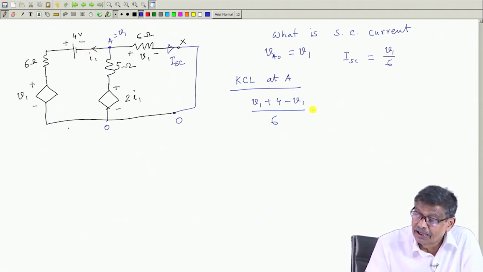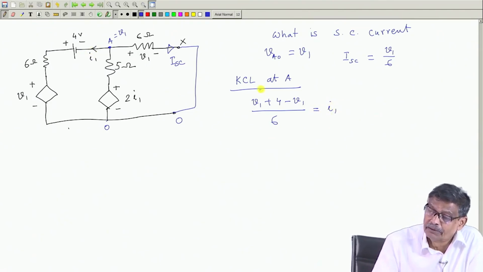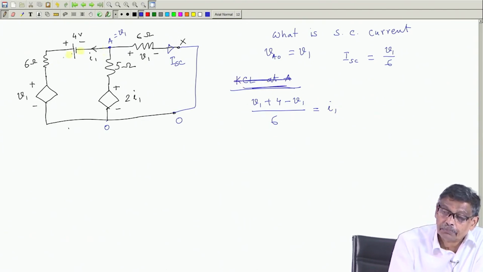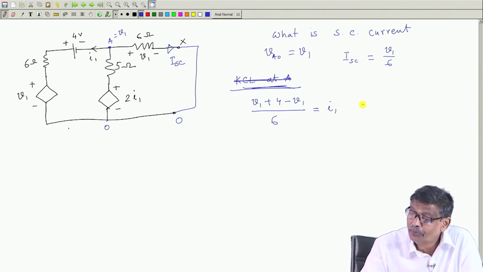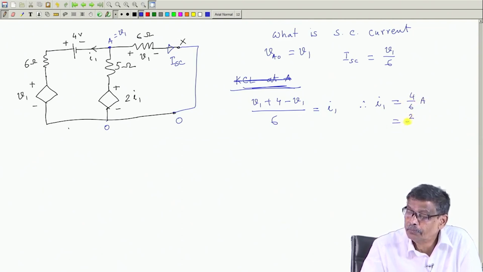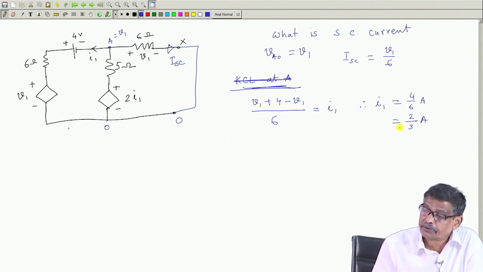And this current, I am telling, is equal to I1. This is not KCL, this is true, no? In this branch this current is like this. Therefore, I see I1 is straight away known. I1 is equal to 4 by 6 ampere, that is equal to 2 by 3 ampere.